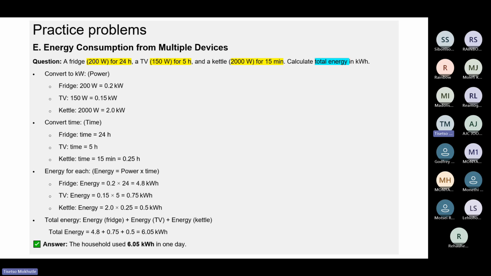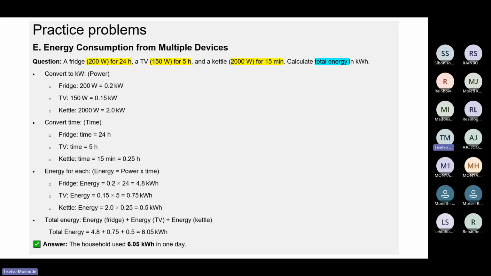The kilowatt is 0.15, and it is switched on for 5 hours, which means it consumes the energy of 0.75 kilowatt hours. The kettle energy, remember the kettle was 2,000 watts, which is 2 kilowatts, and then it is switched on for 15 minutes, which is a quarter of an hour, 0.25. So it consumes this. So we've got all the energies for the different electrical devices.